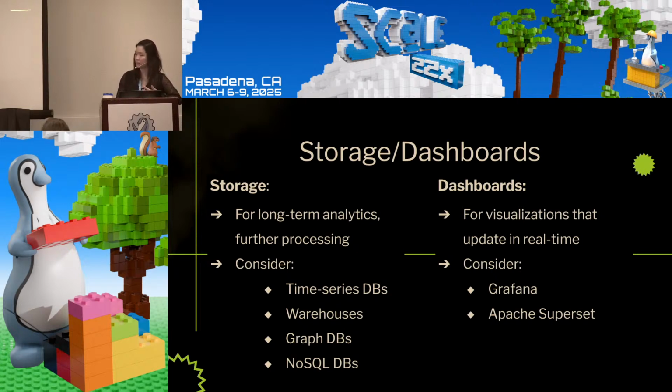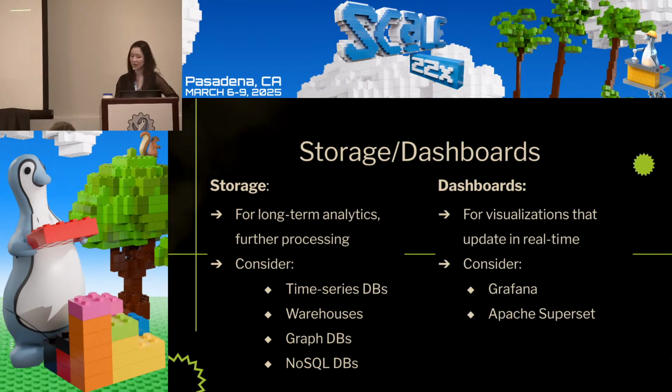And dashboarding is probably going to be a lot more popular. Most stream processing platforms don't have a built-in visualization part. So if you do want to create dashboards to easily monitor your system, you can attach them to a dashboarding platform such as Grafana or Apache Superset to build your dashboards.